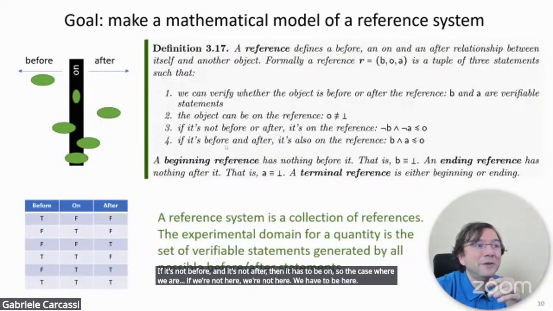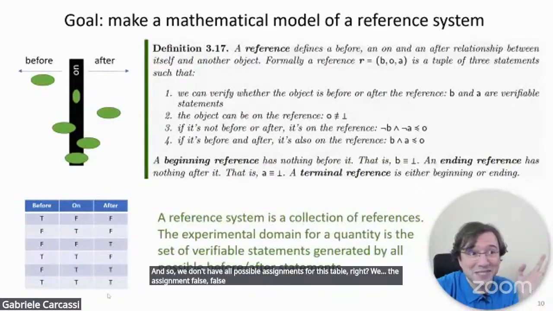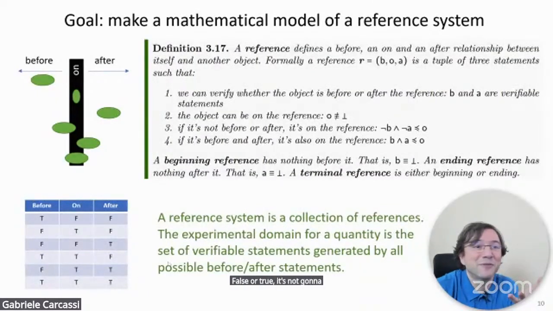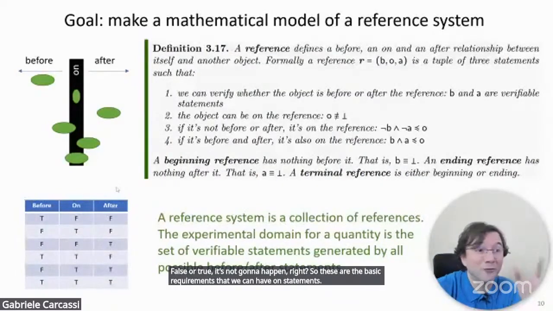And if it's before and if it's after, then it also has to be on, right? And so we don't have all possible assignments for this table, right? The assignment false, false, false is not going to happen. And also true, false, true is not going to happen, right? So these are the basic requirements that we can have on statements, on references.